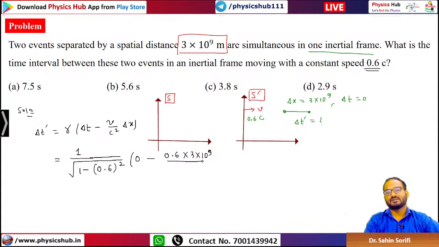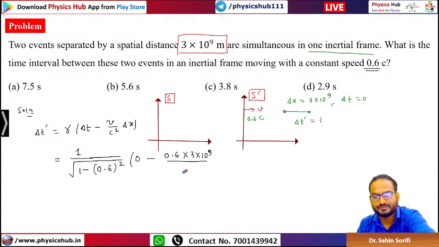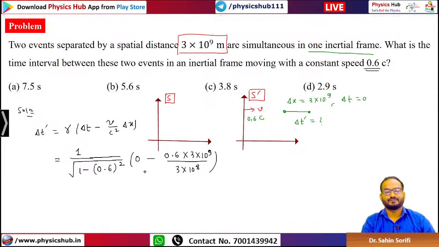One c is cancelled from the denominator. So here you can put 3 into 10 to the power 8, that is the speed of light. If you calculate, you will get minus 7 point something. Option A.